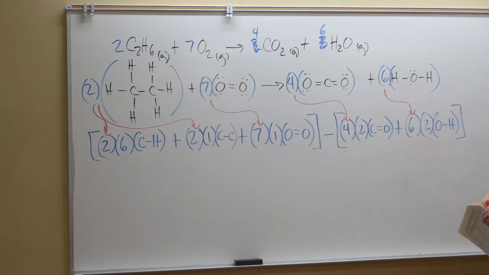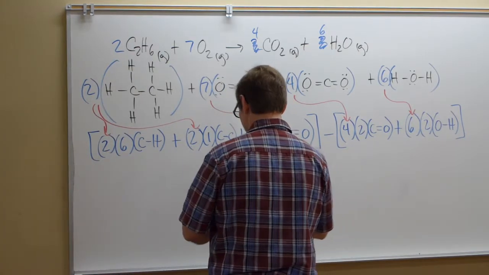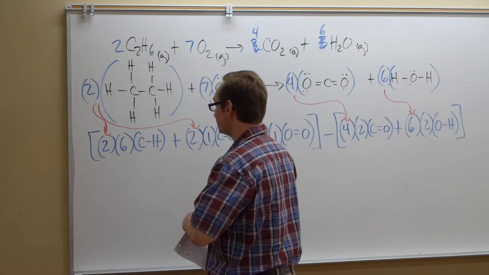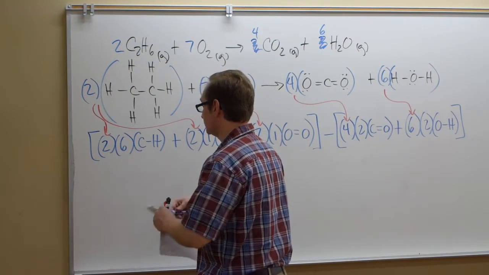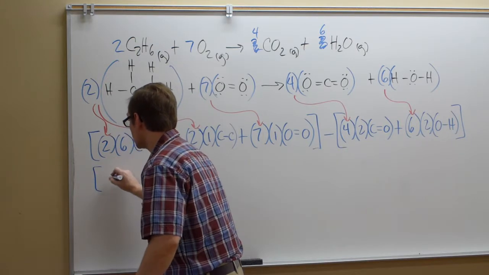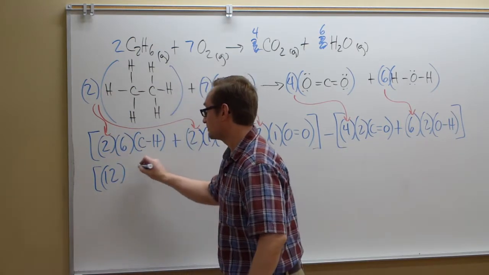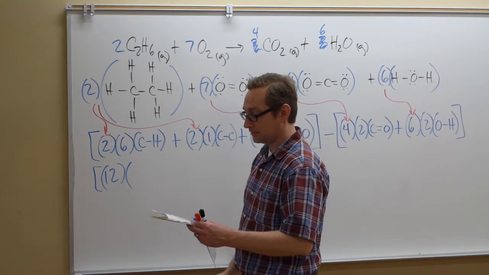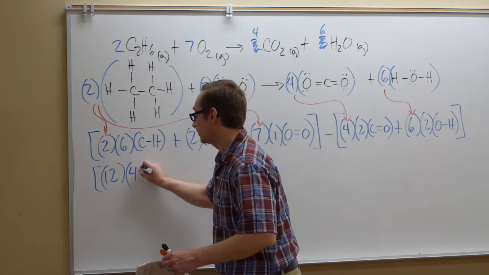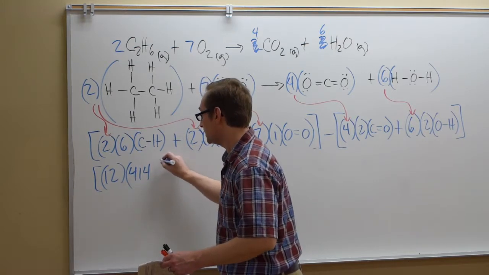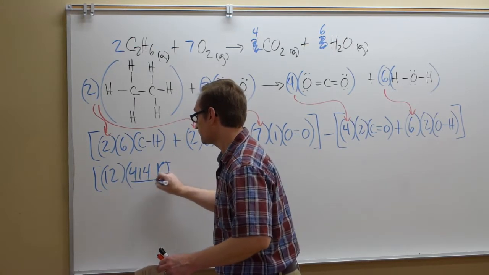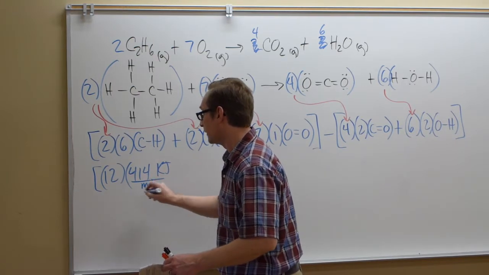So at this point, to plug and chug, we can just take the bond energies from our table. So let's go back to our bond energies. So at this point we'll have 12, all right, 2 times 6 is 12. Bond energy for a CH bond, if you look at the table there, is 414 kilojoules per mole.